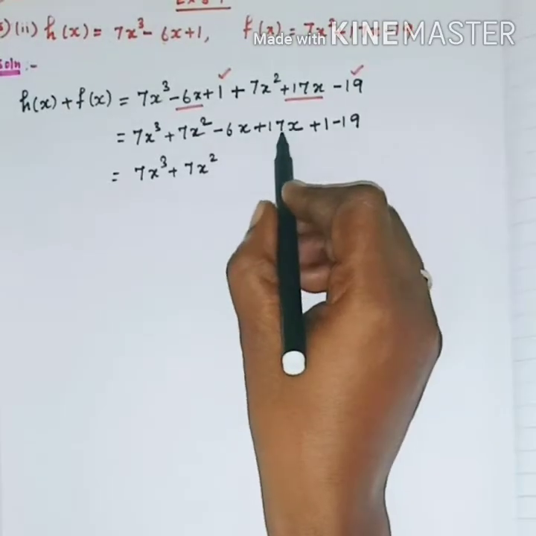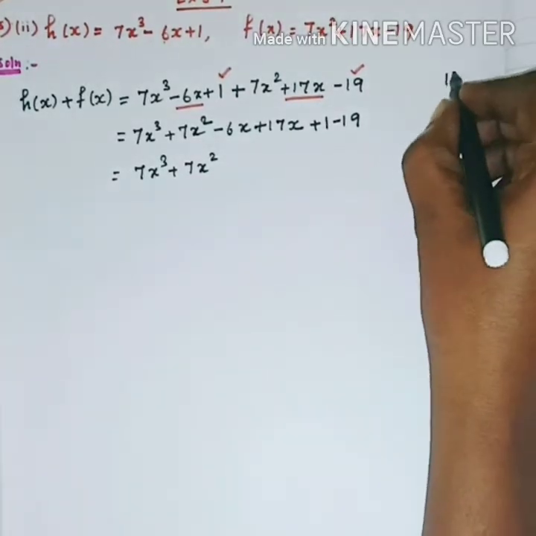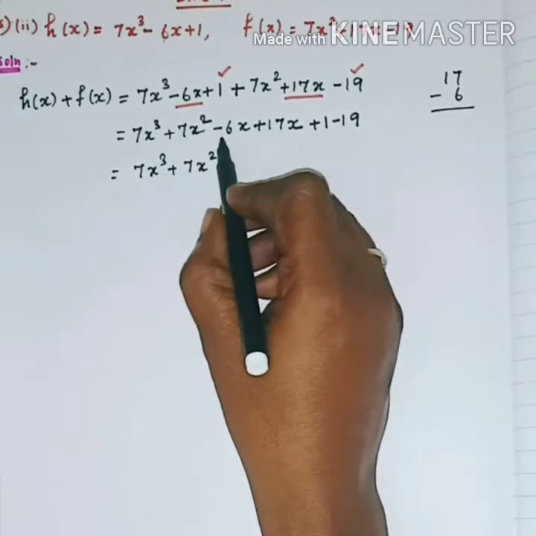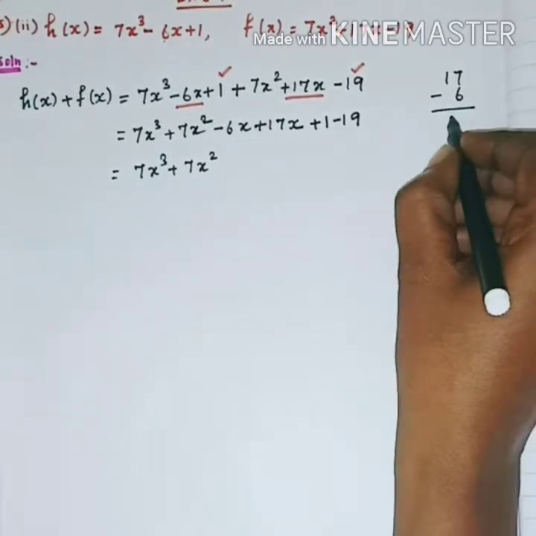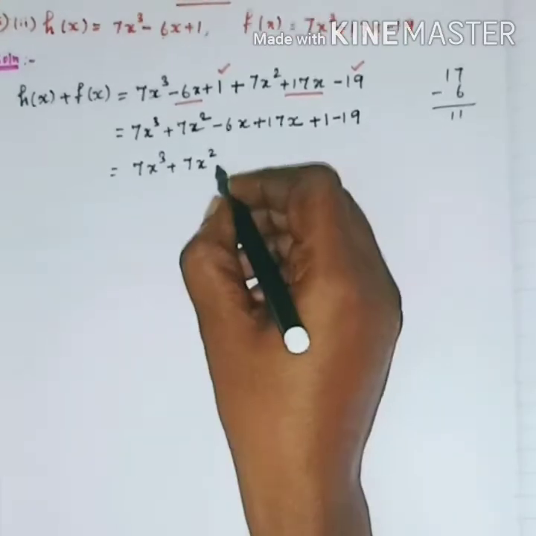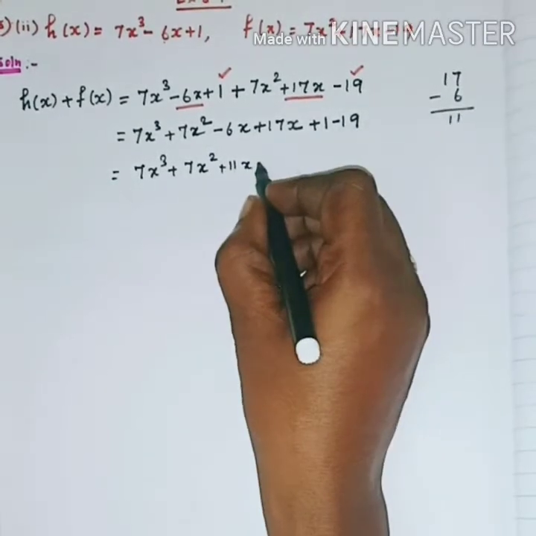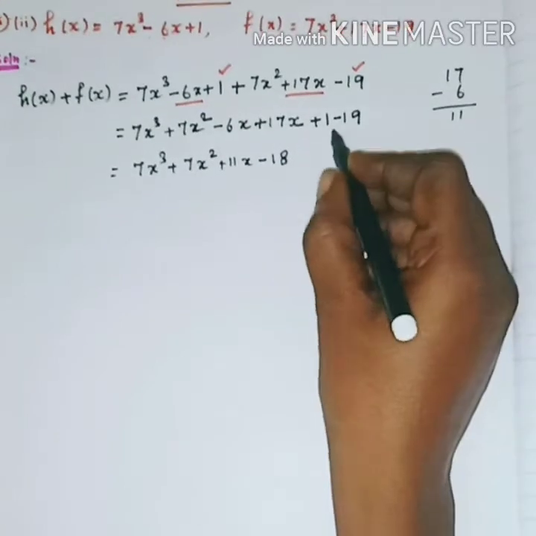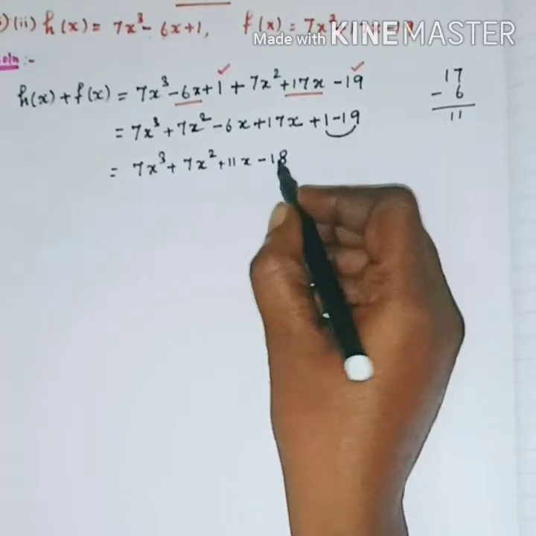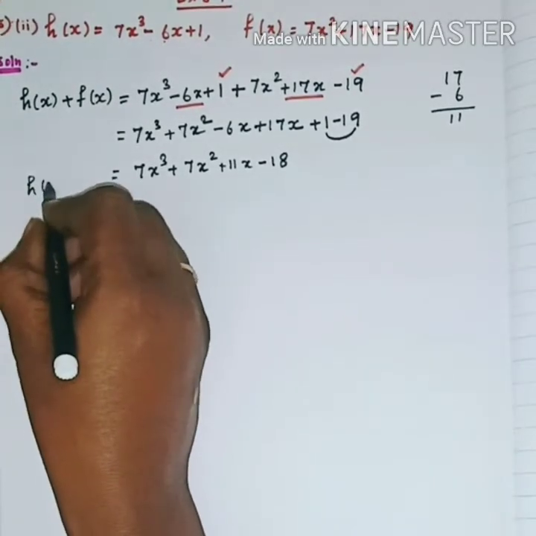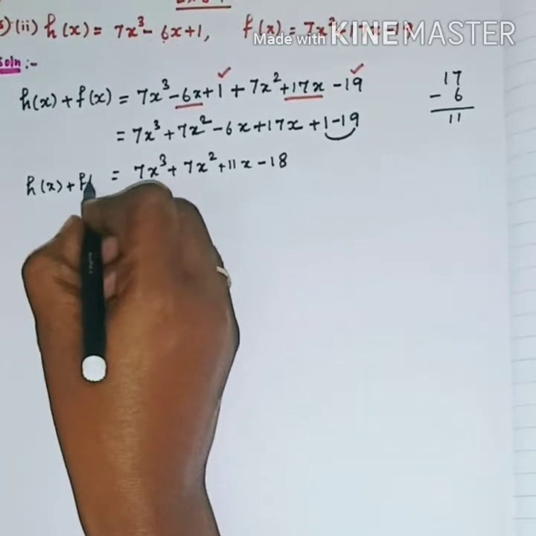Minus 6x plus 17x. So 17 minus 6 is 11, so plus 11x. 1 minus 19 is minus 18. So this is the answer for this expression, h of x plus f of x.